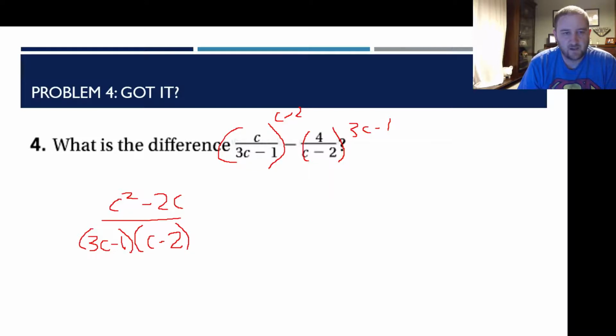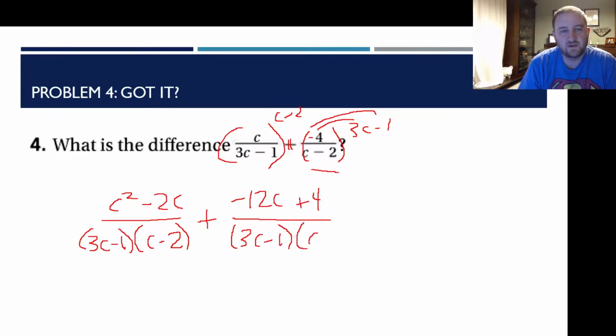Okay? Minus, now let's do this second one, 4 times 3c. Actually, let's make this a negative 4. So we're going to do plus and then a negative 4. So plus, negative 4 times 3c is negative 12c. And then negative 4 times negative 1 is a positive 4. Okay, over, we're going to have our common denominator now, 3c minus 1 times c minus 2.